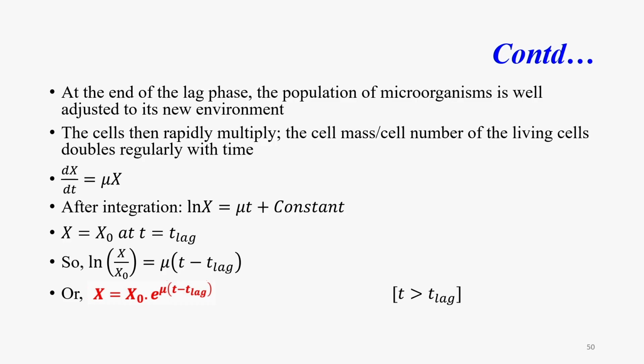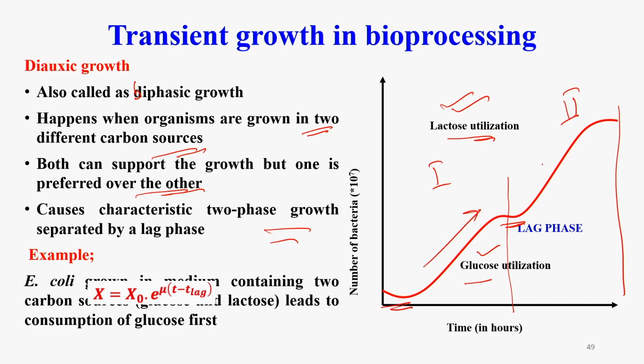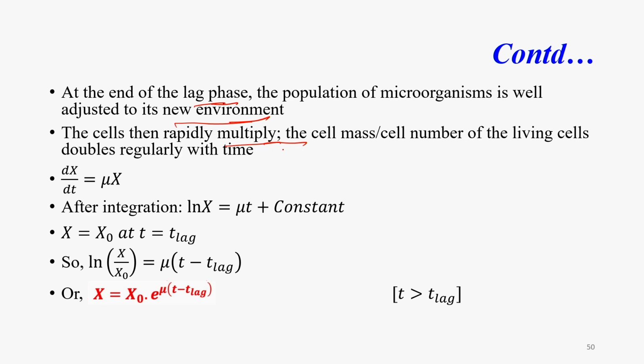The time taken in this adjustment is what we refer to as the lag phase or lag time. And once it is done, there is rapid growth, then the cells multiply rapidly, and you can quantify it in terms of cell mass or number of living cells as they double regularly with time.